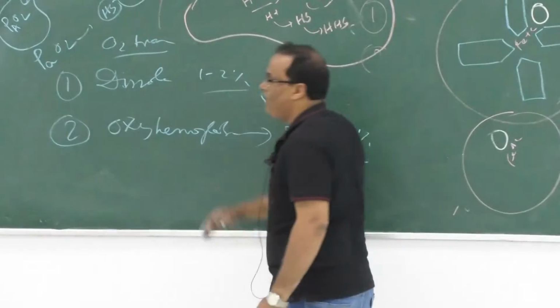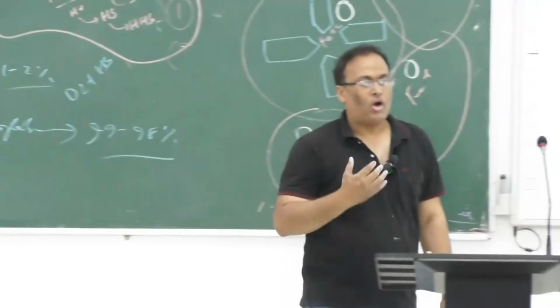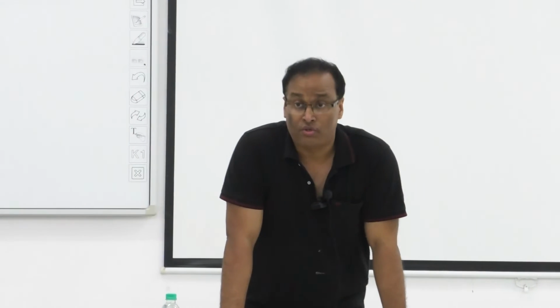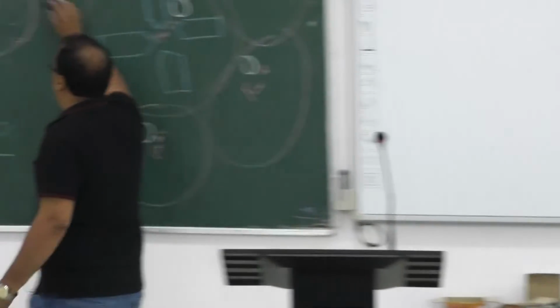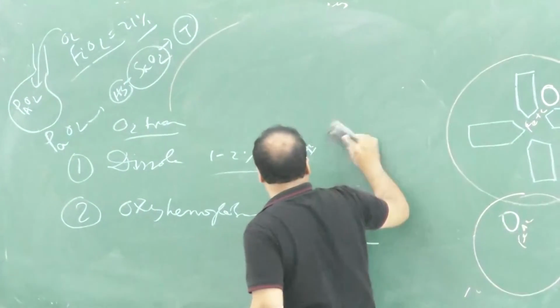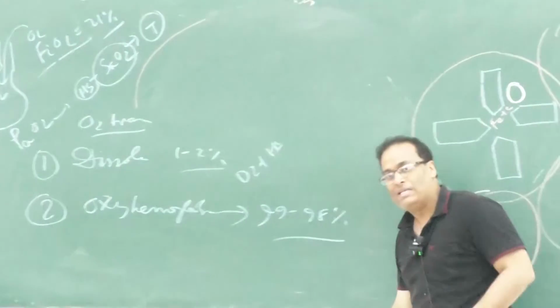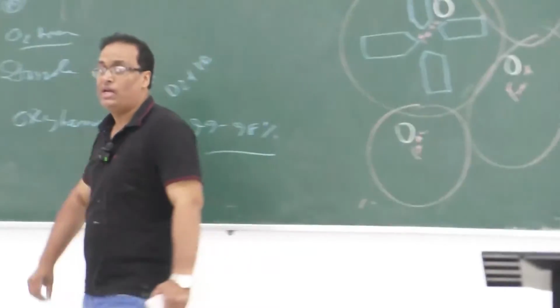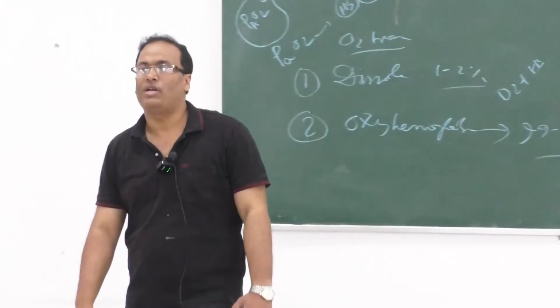So oxygen hemoglobin concentration means oxygen binding with the hemoglobin saturation, and that's why the term comes: oxygen hemoglobin dissociation curve. So this is the next term, the oxygen hemoglobin dissociation curve. I think this is a misnomer, because not only dissociation is happening, association is also happening.